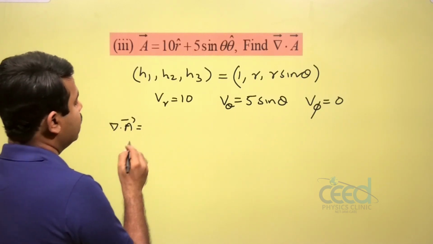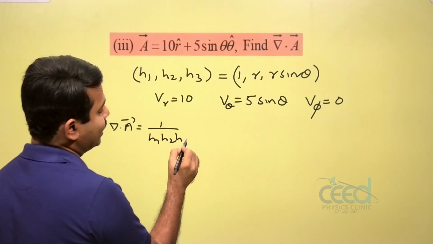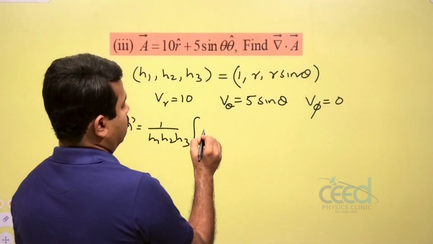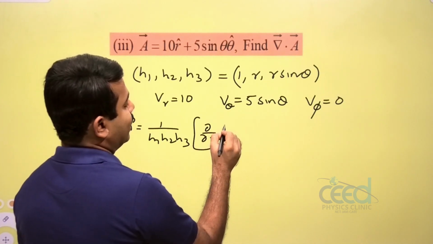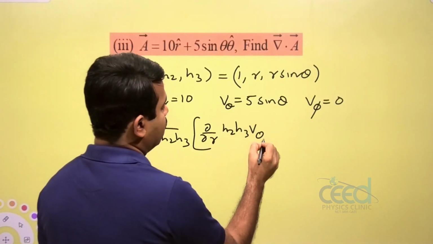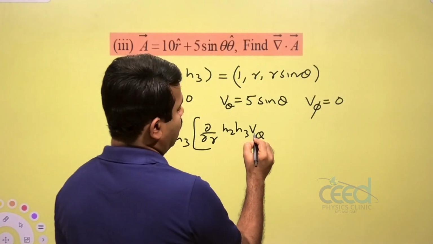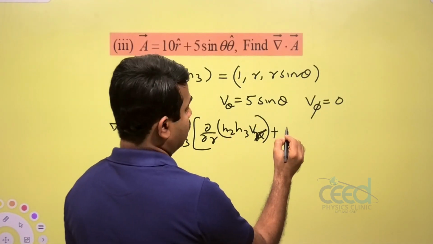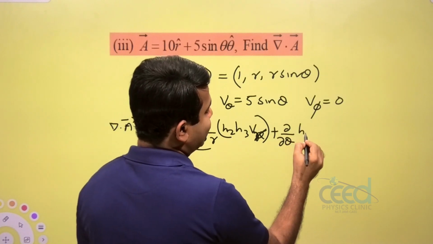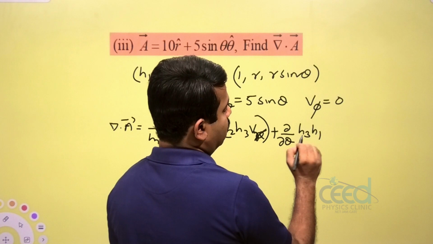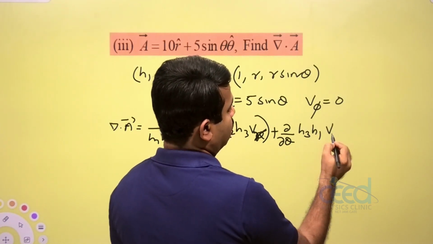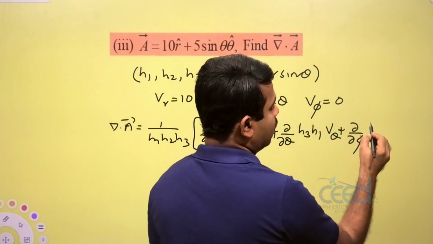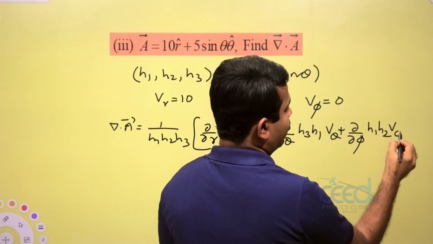What we studied, again I am writing the same formula: 1 by h1 h2 h3, then dou by dou r of h2 h3 V_r, plus dou by dou theta of h3 h1 V_theta, and dou by dou phi of h1 h2 V_phi.